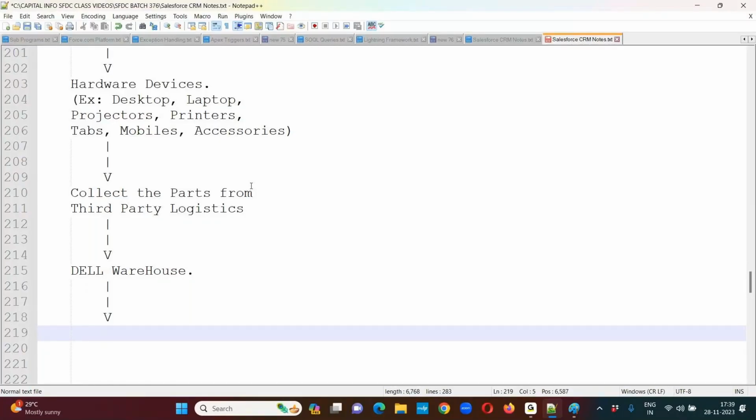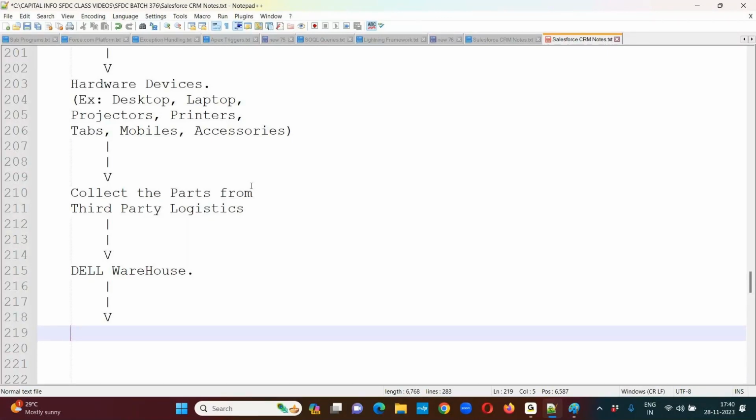In each and every country, Dell does not have any manufacturing plant. Dell has factories. In India also, Dell has a factory, which is in Chennai.